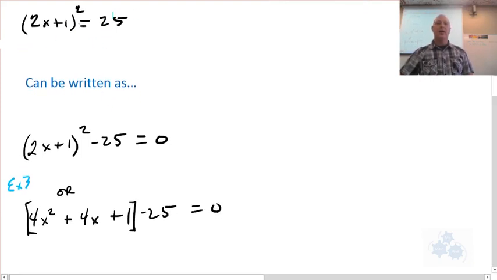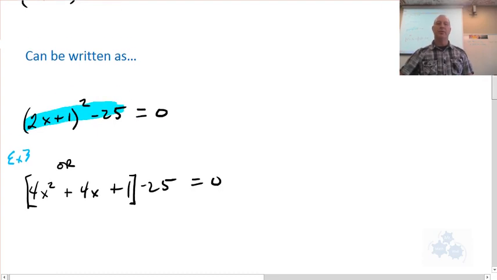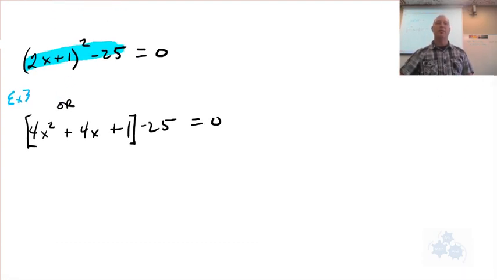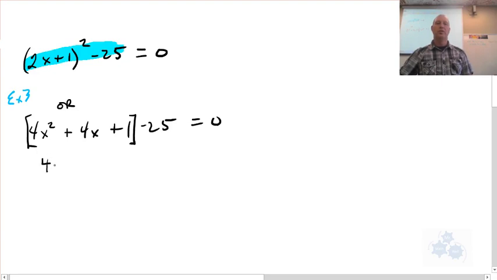If we subtract 25 from both sides, I get what appears to be a quadratic equation equaling 0. This is what we've been familiar with. If we expand it out, doing our multiplication, 2x plus 1 times 2x plus 1, I get 4x squared plus 4x plus 1, which turns into 4x squared plus 4x minus 24 equals 0.